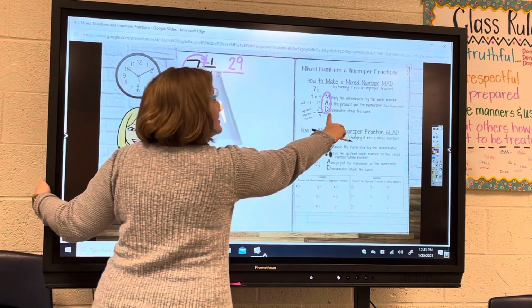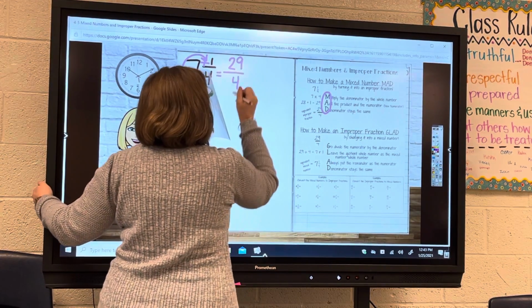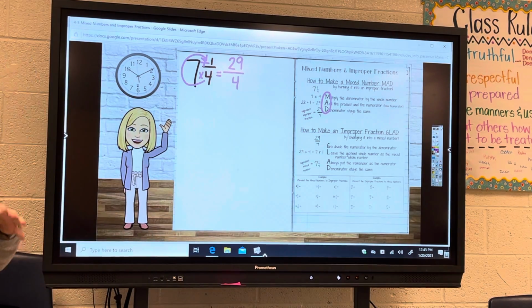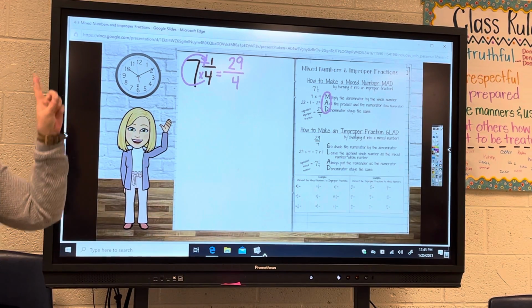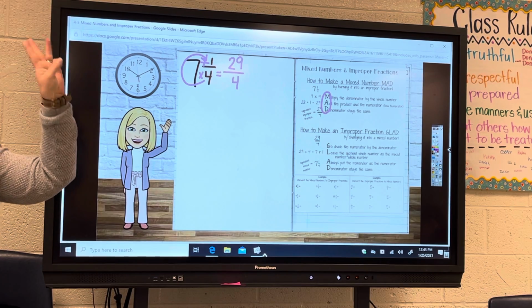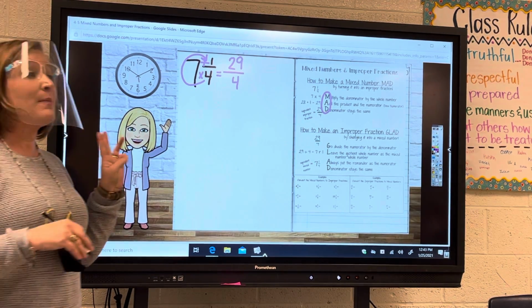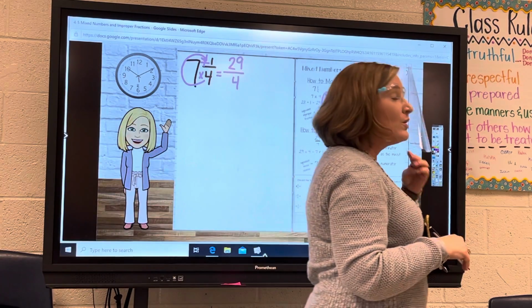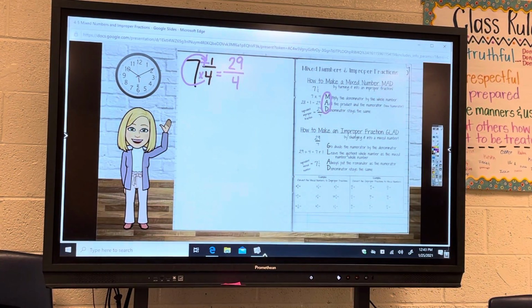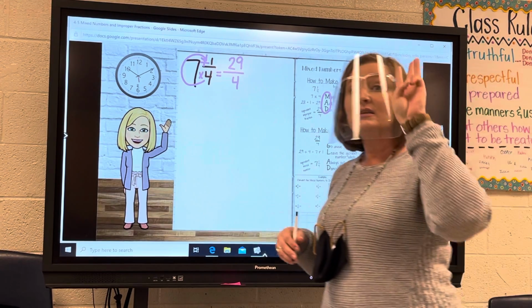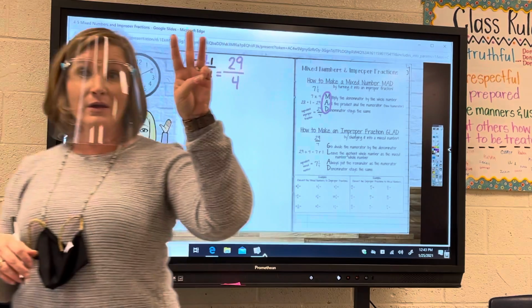And D tells us the denominator stays the same. We don't change the bottom number. Multiply, add, denominator stays the same. So when we have a mixed number and we want to change it to an improper fraction, we're going to make it mad. Multiply, add, denominator stays the same, okay?